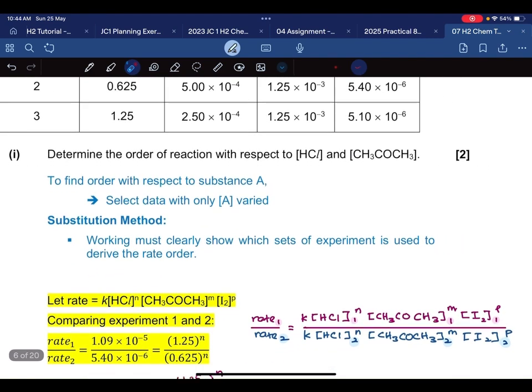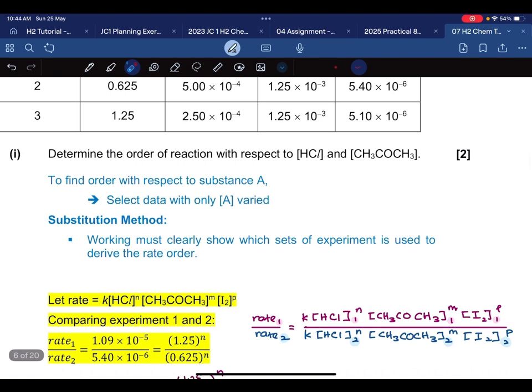So to use the substitution method, we can first define our general rate equation to be rate equals k times the concentration of the catalyst and the concentrations of all other reactants raised to the order of their respective rate order.